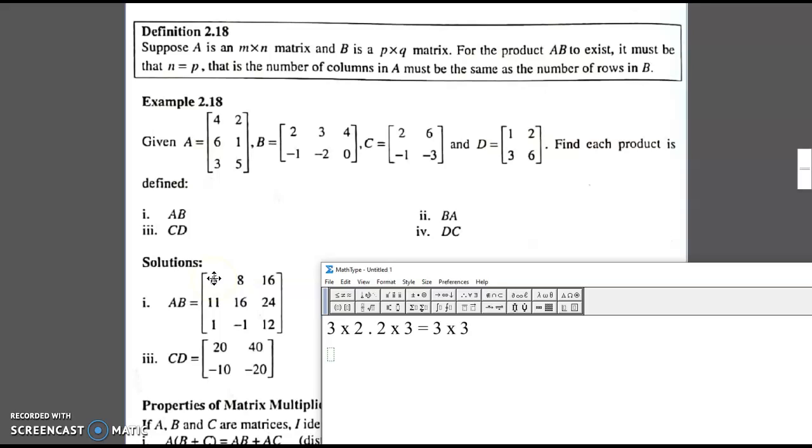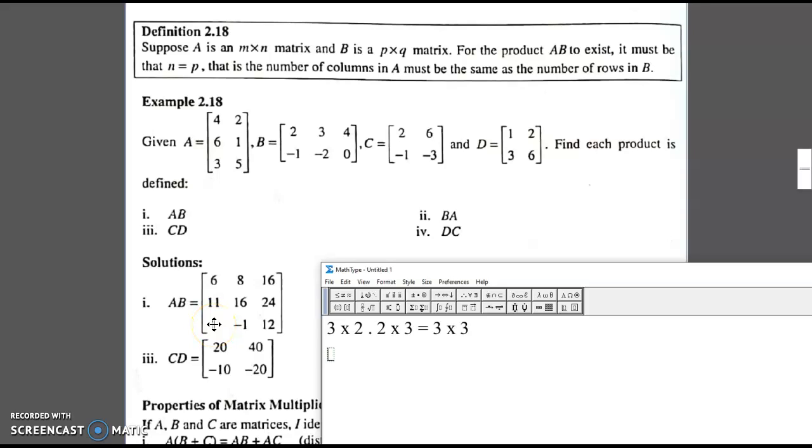Next we do 6 times 2 plus 1 times -1, hence you get 11. After that, we go 3 times 2 plus 5 times negative 1, and that will give you 1.